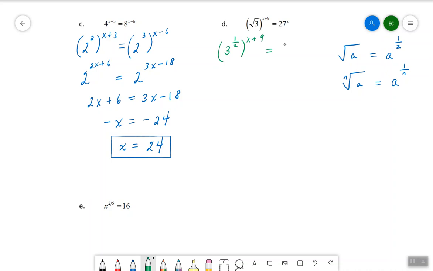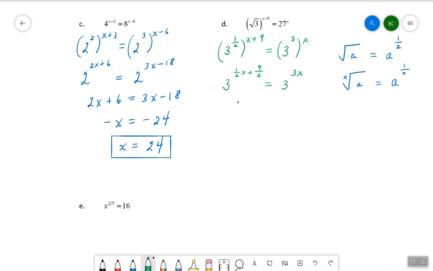And then 27 is 3 to the 3rd power, and that's raised to the x. So we can distribute the 1/2. We can write 1/2 times x plus 1/2 times 9. And on the other side, we have 3 raised to the 3 times x.